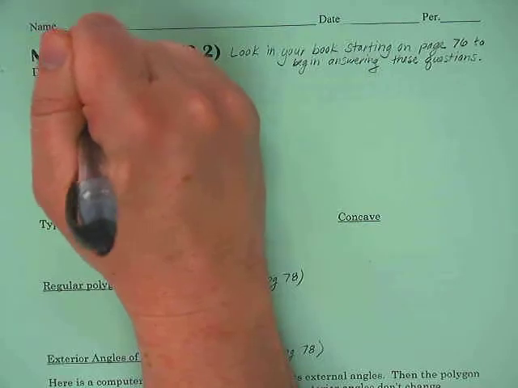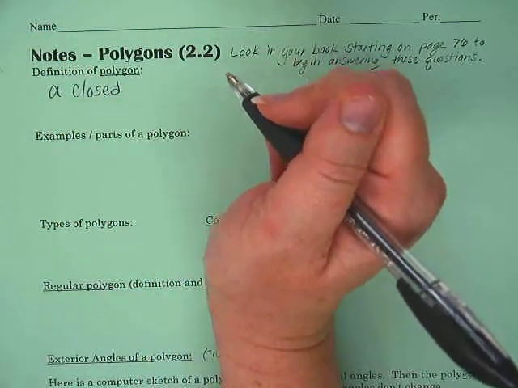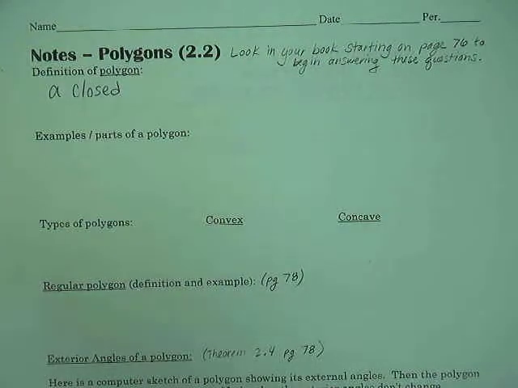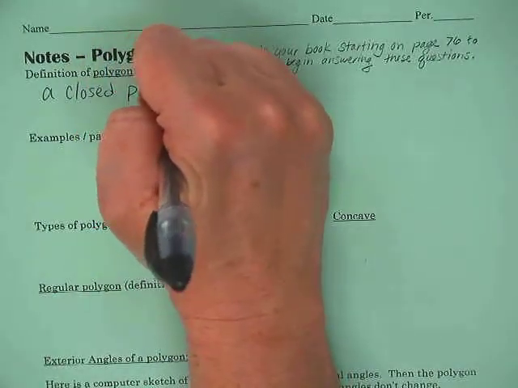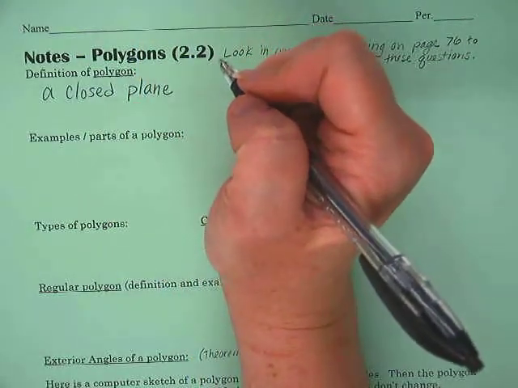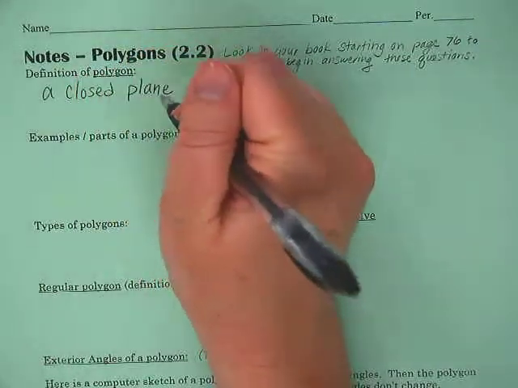Okay, a polygon is a closed, that means all of the pieces fit together and close the figure, right? Plane. What does plane mean? We learned that a long time ago. Flat.